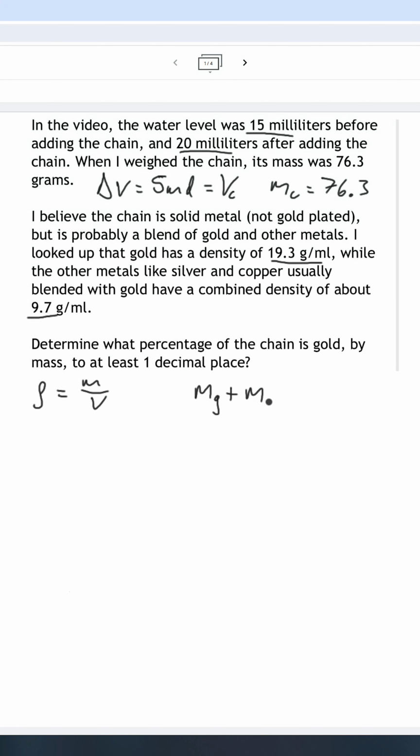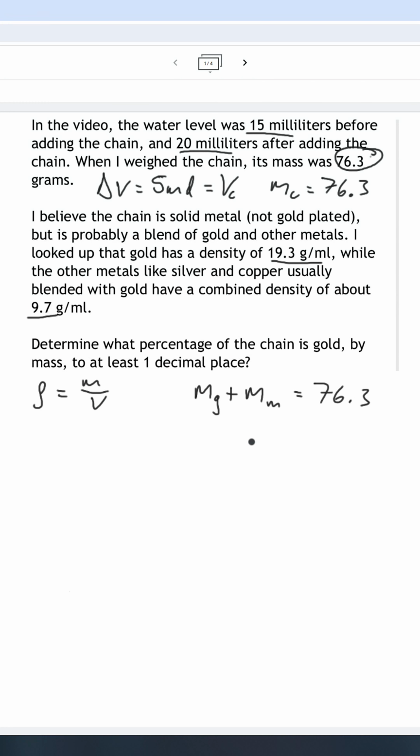So let's put it m sub m, right, for metals, like the rest of the metals. It has to give us the total mass, right? But I mean, this m sub t, which is the total mass, we know that all of the mass of the chain is 76.3, right?